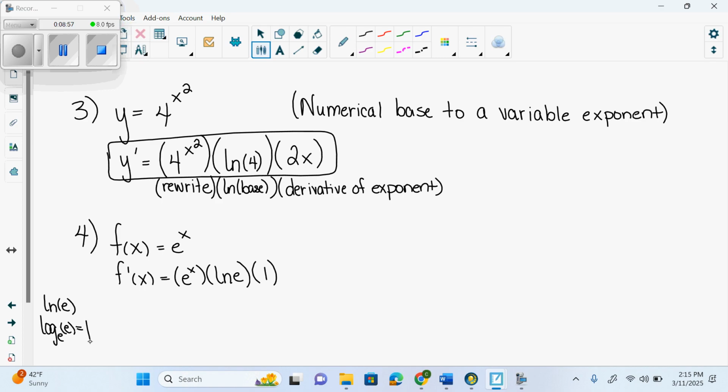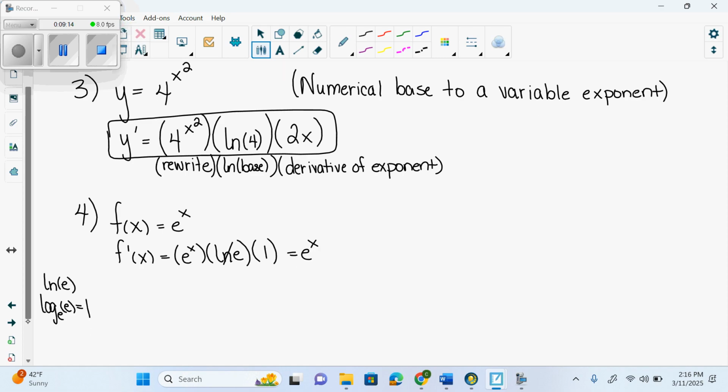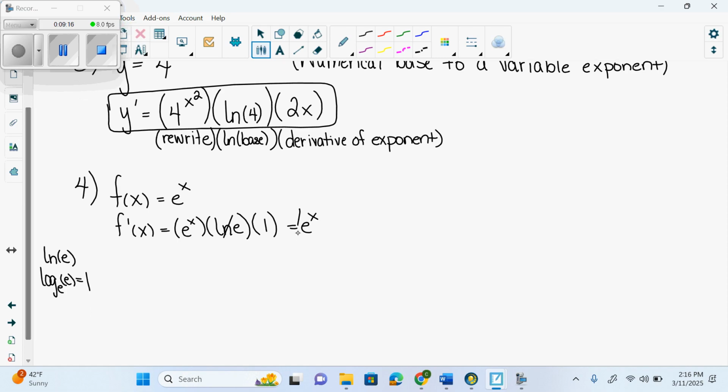We learned that in 30-1, correct? So ln of e is 1. So this becomes a 1 as well. So e to the x times 1 is just e to the x. So e to the x is the special one that doesn't change. Okay? So it would just be e to the x.